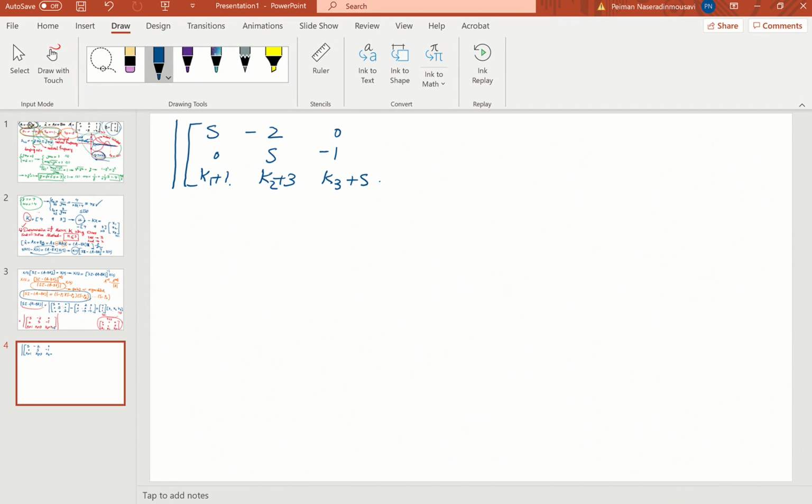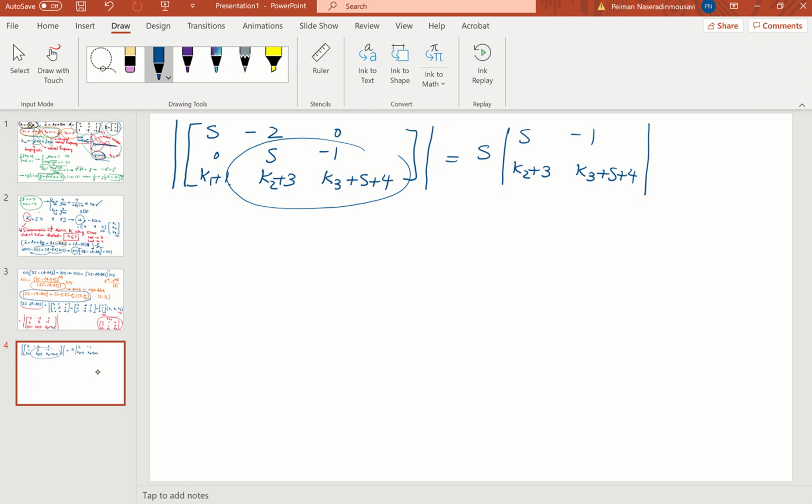So the determinant is s times the determinant of (s, minus 1; k2 plus 3, k3 plus s plus 4), plus 2 times the determinant of (0, s; k1 plus 1, k2 plus 3).